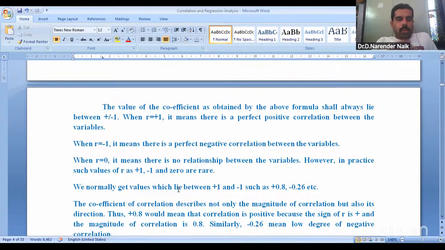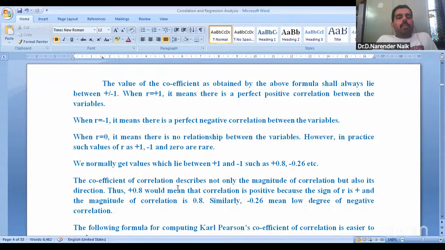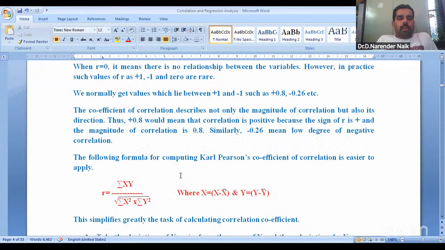When r is equal to 0, there is no relationship between the variables. However, in practice, such values of r as plus 1, minus 1 and 0 are rare. We normally get values which lie between plus 1 and minus 1, such as plus 0.8, minus 0.26, etc.